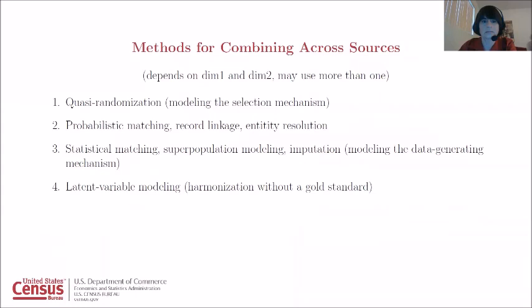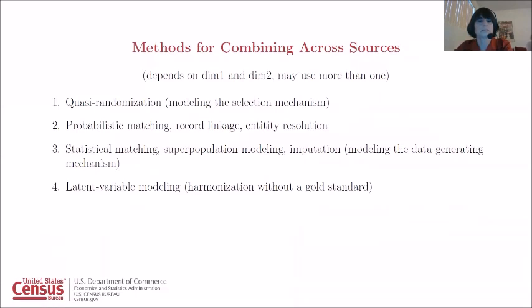If you have a convenience sample or a non-probability sample, how do you generalize from that set of data to a population? Well, sometimes you may have to estimate a selection mechanism, and that's what we call quasi-randomization. It's not true randomization, it's quasi, because it's estimated. You can also have techniques that are loosely called record linkage, that includes exact matching, probabilistic matching, and entity resolution.